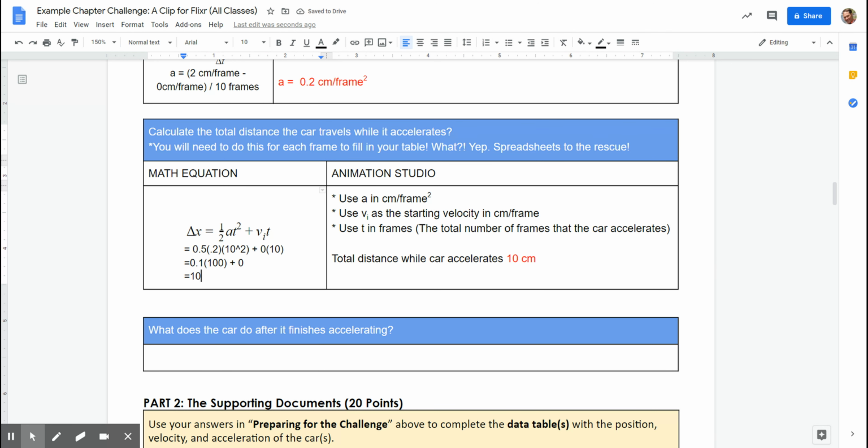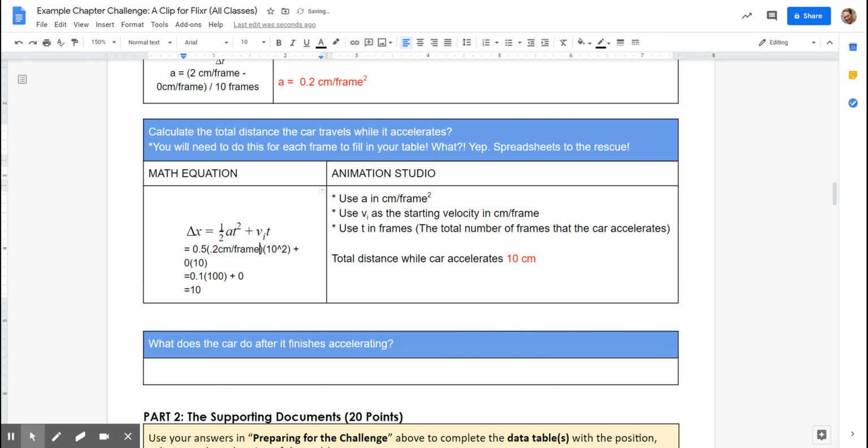Now, I didn't put any units in here. If I did, it starts to look a lot more complicated, and yet it's the same problem. The thing that people often make mistakes on is when they see these squares here, or if this is in centimeters per frame squared, suddenly they think that this square here should affect the 0.2, but it doesn't, right? And that same thing goes for any of the parts. So this is t squared, so that would be 10 frames squared.